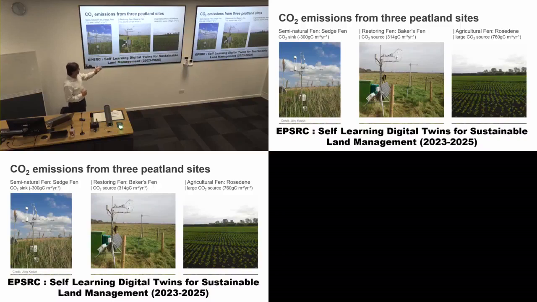Because people say the crop itself is green, but it is a huge source of carbon. And it depends on the fertilizers, the soil moisture, and other aspects as well. The simulations capture all those things, and the sensors also capture those.